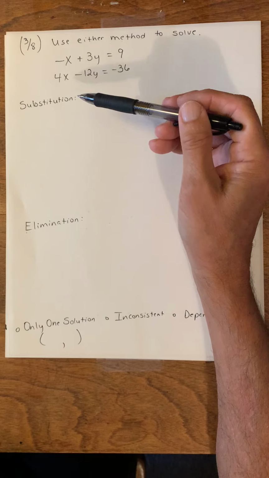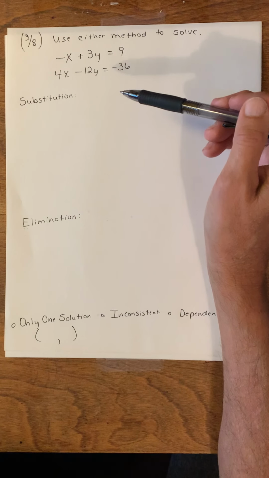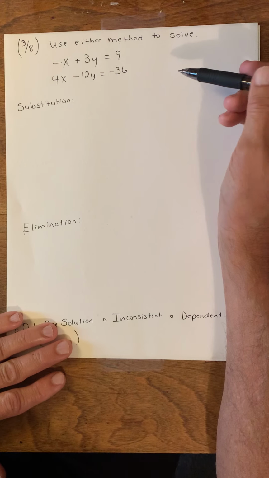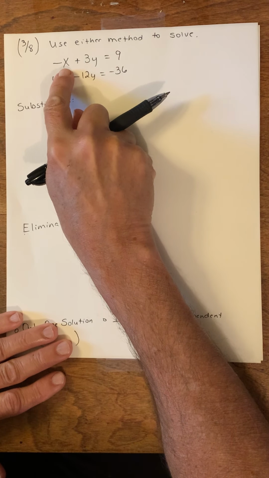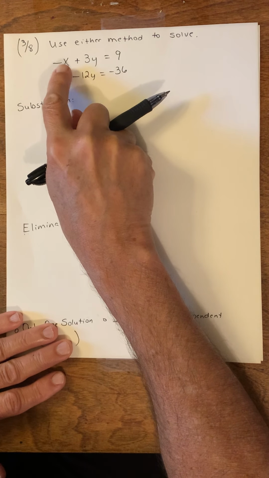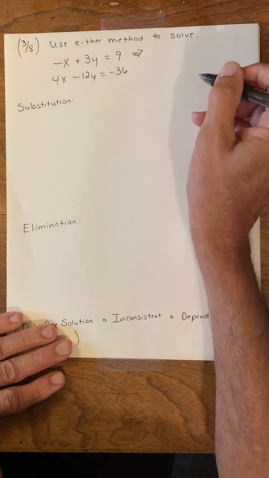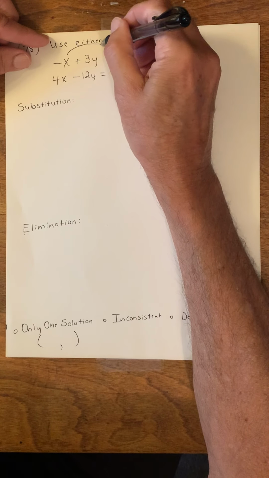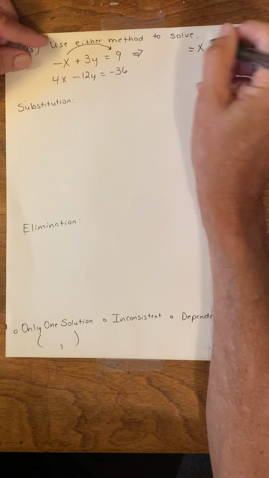Remember, I use the substitution method if either of these equations is solved for x or y, or may easily be solved for x or y. Well, I see an x all by itself here. It's negative, but that's no problem. I can deal with that. So I'm going to use this first equation to solve for x. I'm going to move the negative x to the other side and change its sign. That means I'll have x by itself over here.